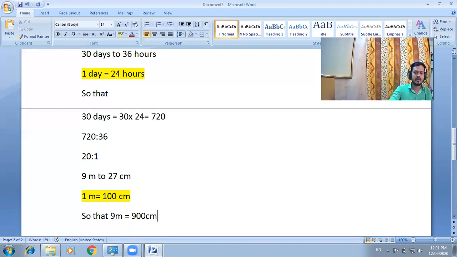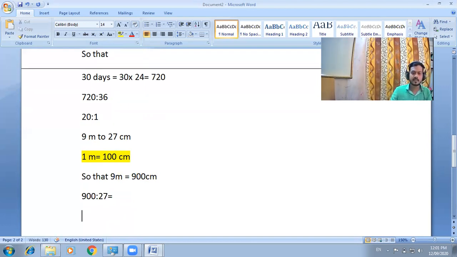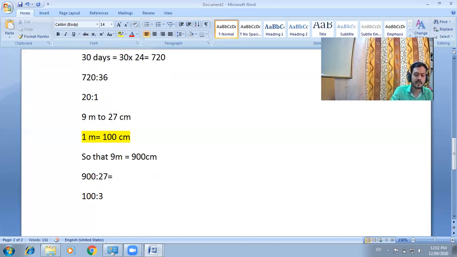Now it is in the same unit, so we can compare 900 to 27 in centimeter, and centimeter cancels out. So 9 1s are 9 and 9 3s are 27. So 100 raised to 3 is our answer. Then move to the last question.